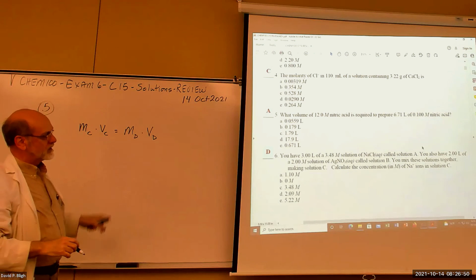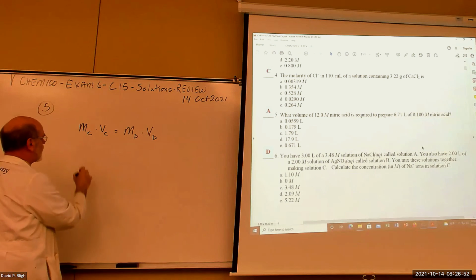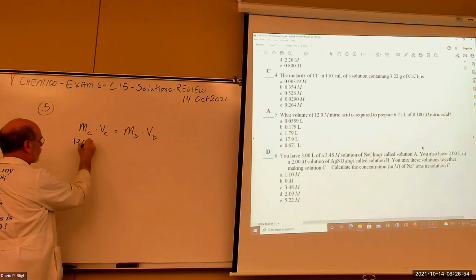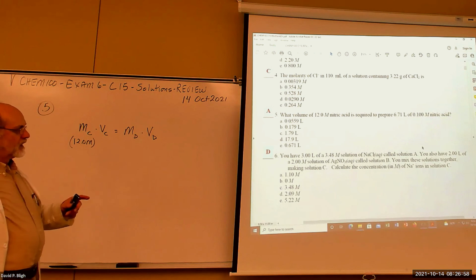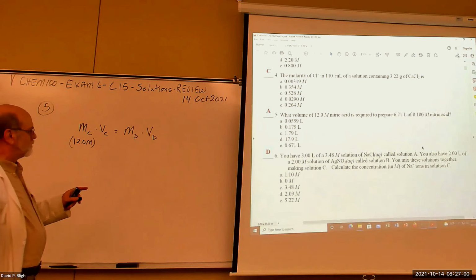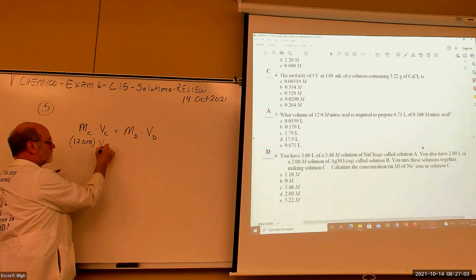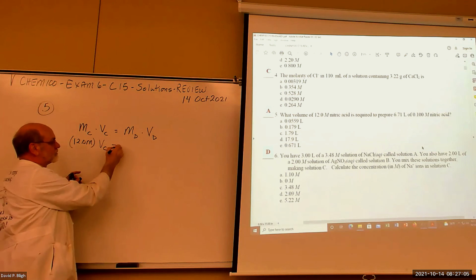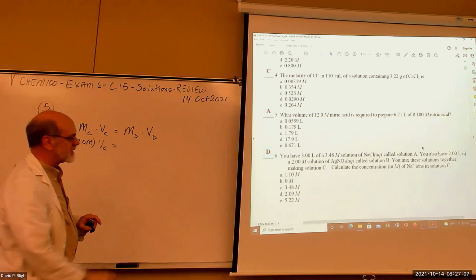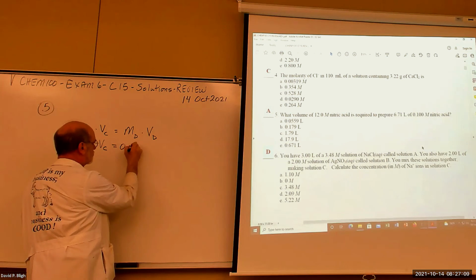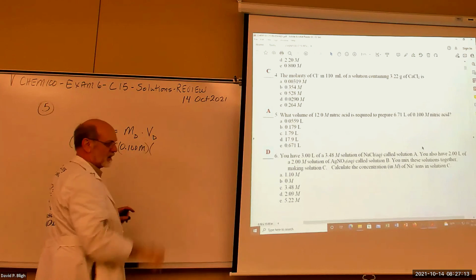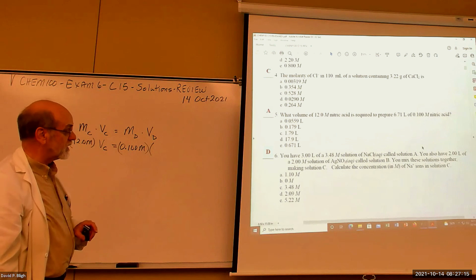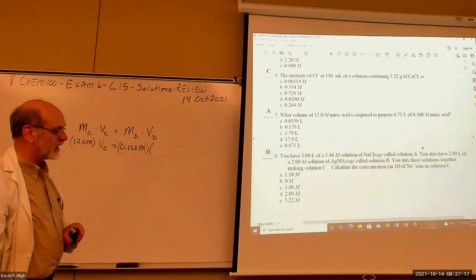So what values do we have? 12 molar nitric acid. That's the concentrated. What volume? We don't know yet. That's our unknown. The final molarity is 0.1 molar. And the diluted volume is 6.71 liters.